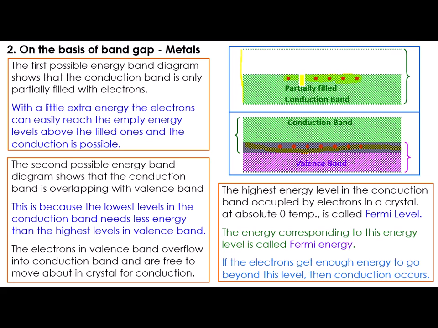If the electrons get enough energy to go beyond this Fermi energy level, then conduction occurs. After crossing the Fermi energy level, even with a very small supply of potential, these electrons start conducting, and in that case it's called a metal.